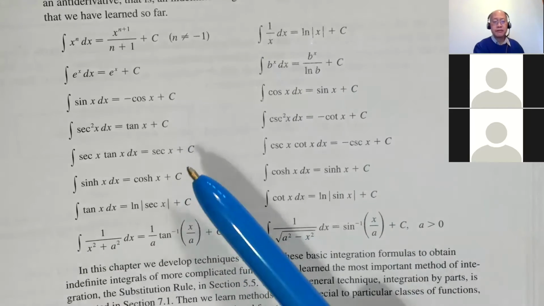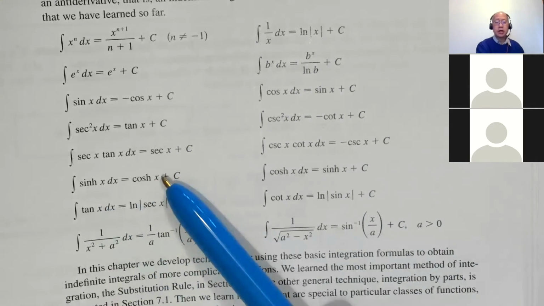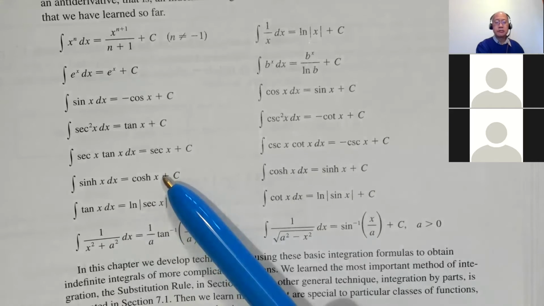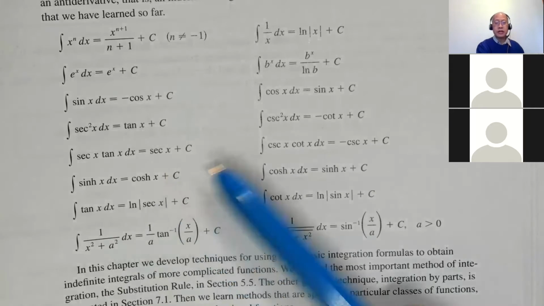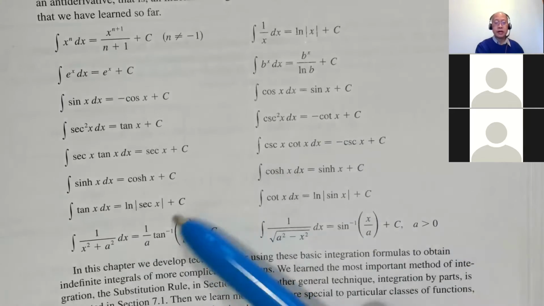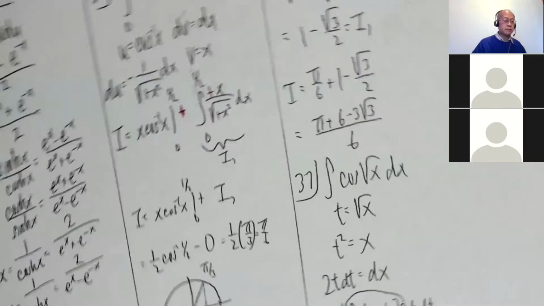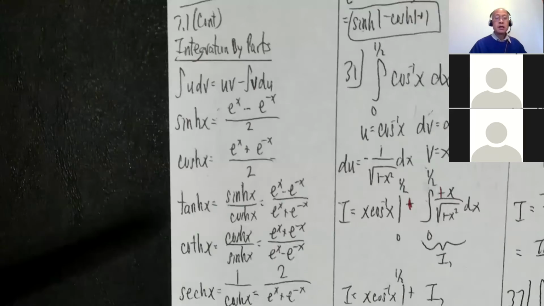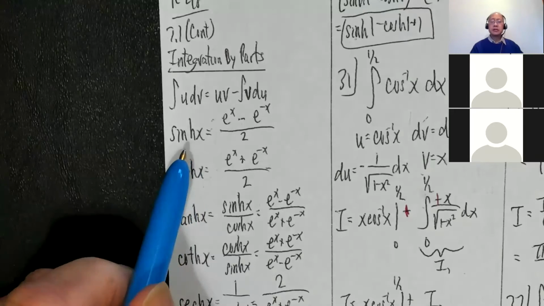I do want to spend a little bit of time about sinh and cosh because some of your Calc 1 teachers may have just glanced through it quickly. Some of you had me for Calc 1, and I did spend some time with that. So I wanted to go over that now in case you did not have that very much from your Calc 1. So the H stands for hyperbolics.